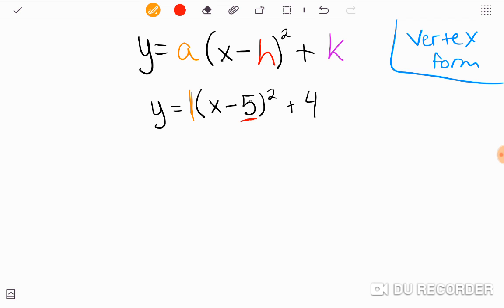That means my h is actually going to be positive 5, because it's x minus, nothing changed to that. h is a positive 5. Then we have our k: plus k, plus k. So that means my k is going to be 4. I'm just going to put my 1 up here too, just so we can see all of my values.